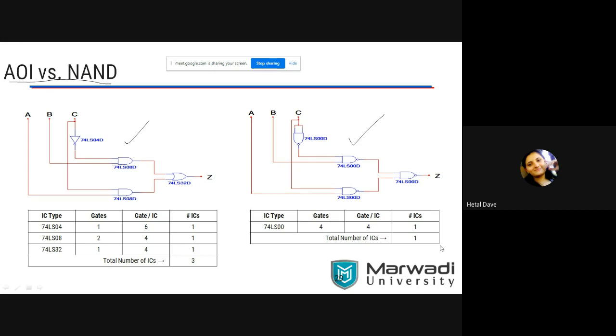How many ICs will be used? Only one. Using a single IC, you can design the circuit. So this is the proof that NAND gate is a universal gate. Because it is a universal gate, if we implement any circuit using NAND gates, the number of IC requirement is less, such that utilization of IC is also good.